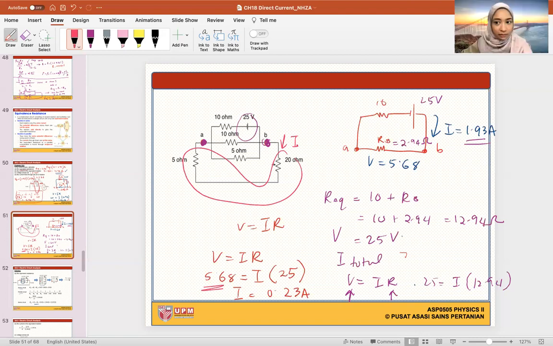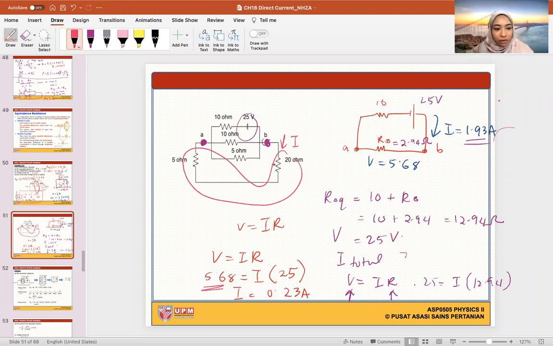It's for the circuit where the 20 ohm and the 5 ohm are. You're not clear, actually, I can't hear you. Okay, tak apa. Are you okay? Don't be scared.